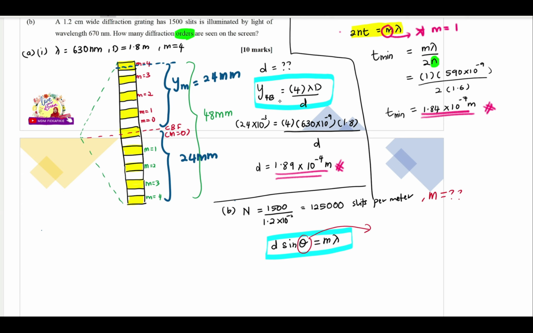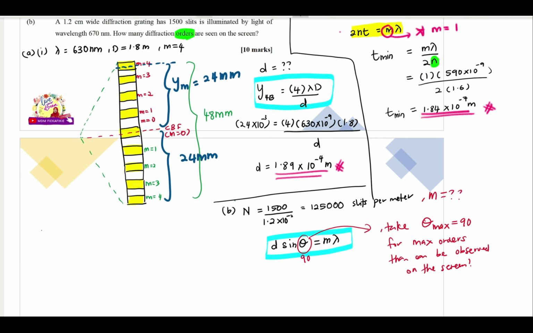We take this theta, maximum angle dia sebagai 90 degree lah, supaya kita boleh tahu untuk kira maximum order. Okay, maximum orders that can be observed on the screen. Okay, kita nak kira angle, so 90 lah, kita letak sini 90.